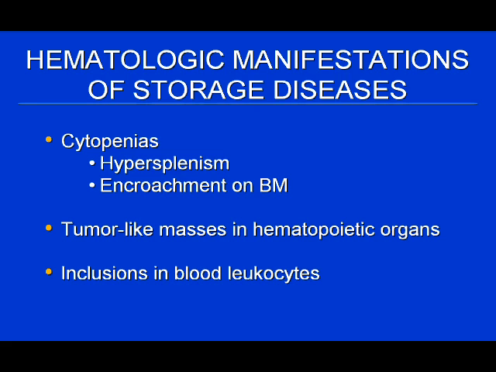First of all, the storage diseases. Now, how do the storage diseases manifest symptomatically in terms of the hematopoietic organs? Well, most commonly, what we'll see and why we end up doing a bone marrow biopsy is the cytopenias that are associated with some of the storage diseases. And this can be on the basis of two separate mechanisms. One is that these diseases tend to proliferate in hematopoietic tissues.